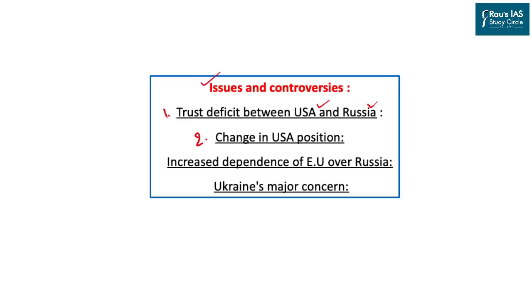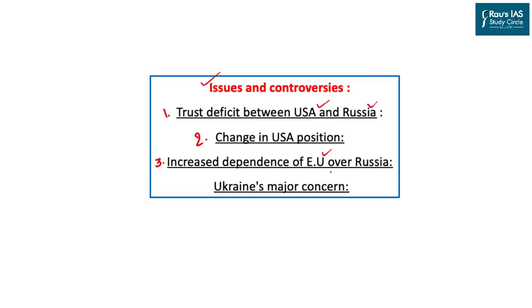Because now the USA, despite Russia supplying gas to the European nations, will not impose any sort of sanctions on the Russian supply chain. And this change in position is also seen as interference of Russia into the deeper politics of Western Europe, and ultimately as the increasing dominance of Russia over the European Union.